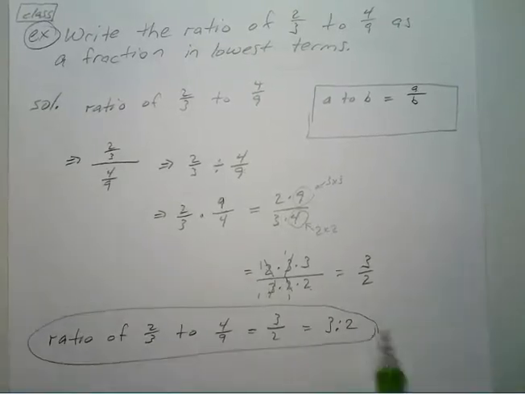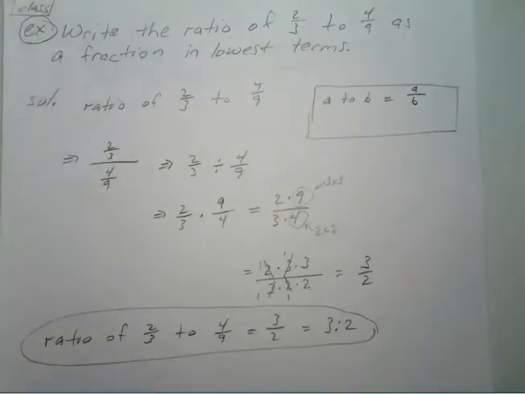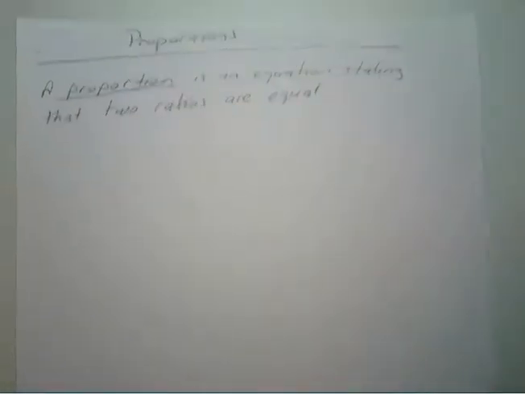Whichever way you write it, that is your answer. All right, so if you are still writing this one, as always, feel free to press pause and finish up. But now we're going to go on to the next page and talk about proportions.